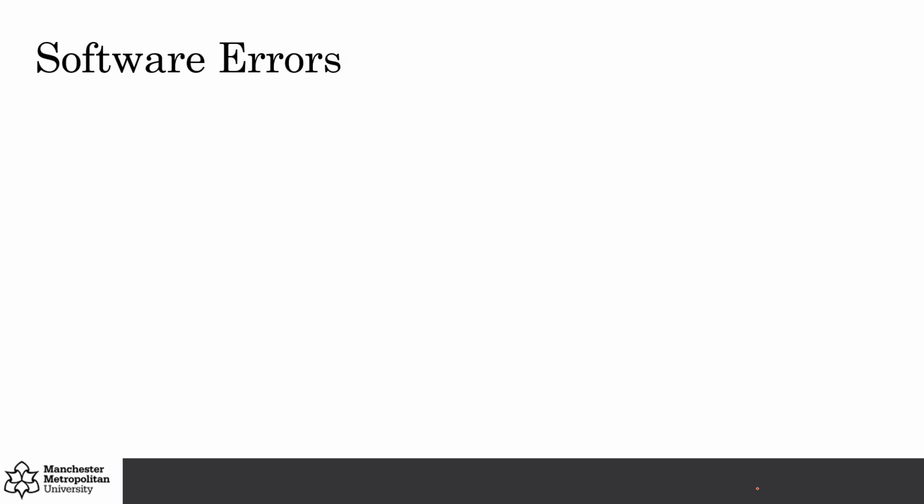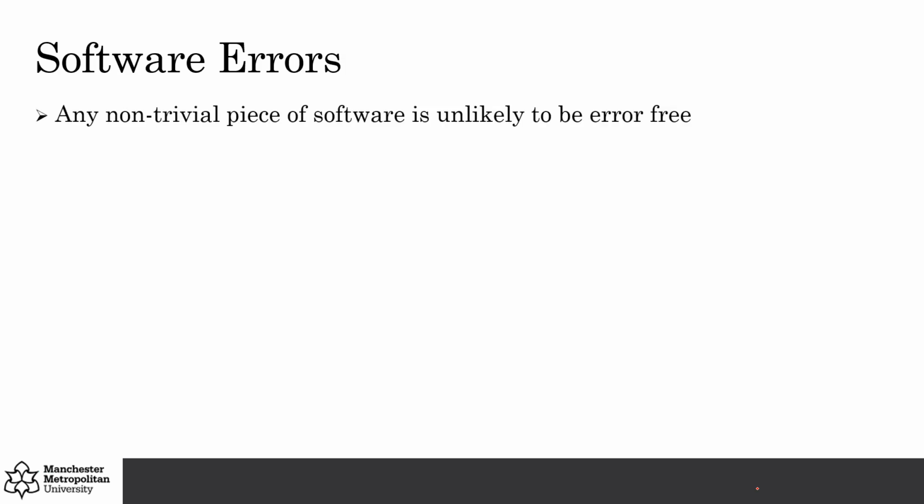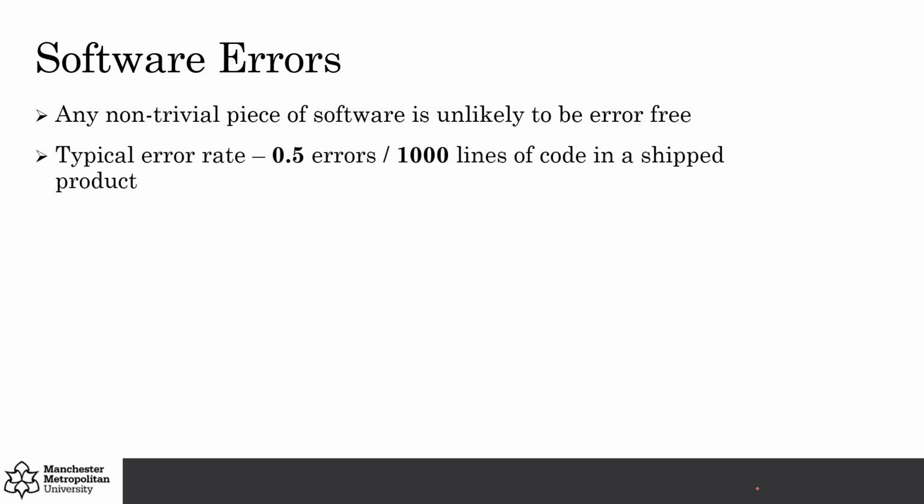Okay, so when we talk about errors in software, we're typically referring to any non-trivial piece of software, and any non-trivial piece of software is unlikely to be completely free of errors or bugs. The typical error rate is 0.5 errors per 1,000 lines of code in a shipped product, as in the product has been shipped to the client or customer.